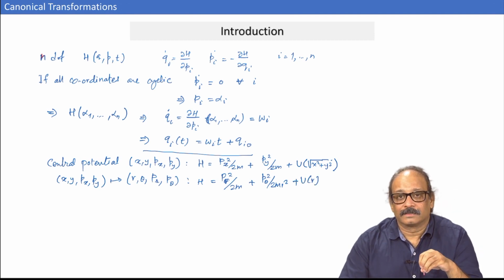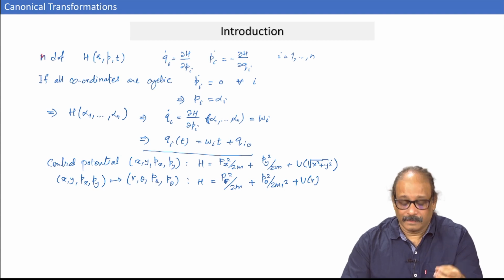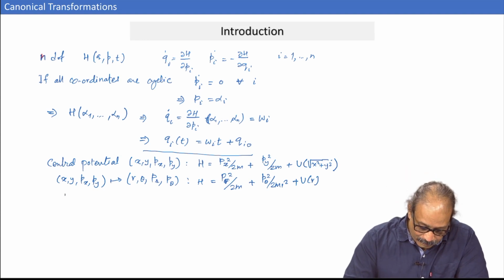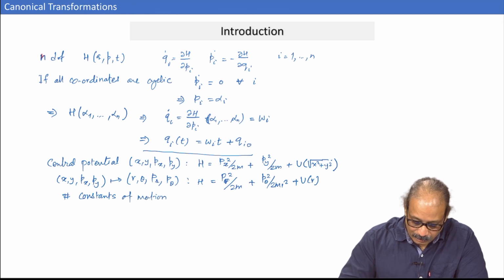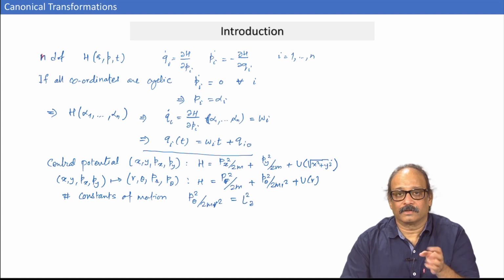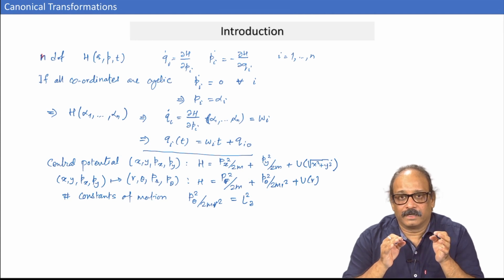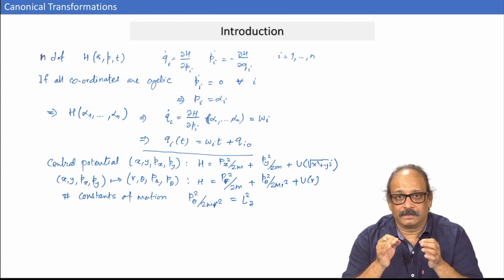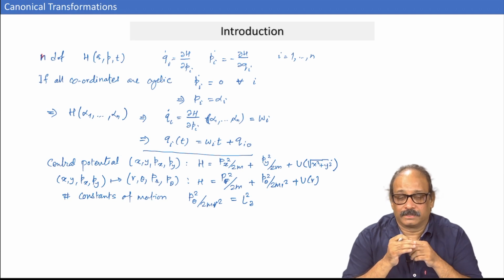And now you notice theta is cyclic. If theta is cyclic, the number of constants of motion that we can find here is 1, and we can immediately write down p theta square by 2 m r square. This must be equal to some L z square, okay, some constant there. So, the number of cyclic coordinates is actually dependent on which coordinate frame or which canonical variables you are using.